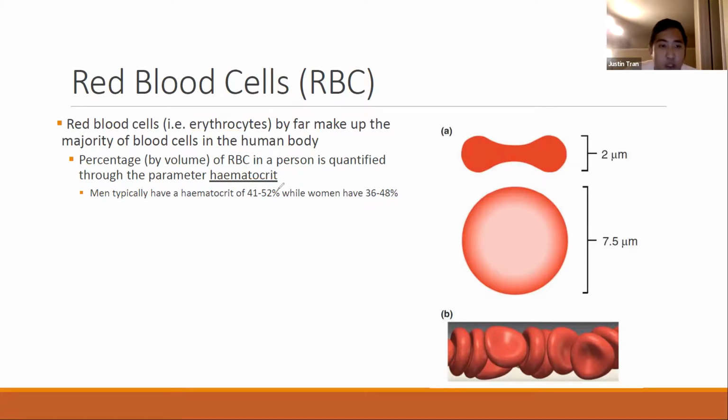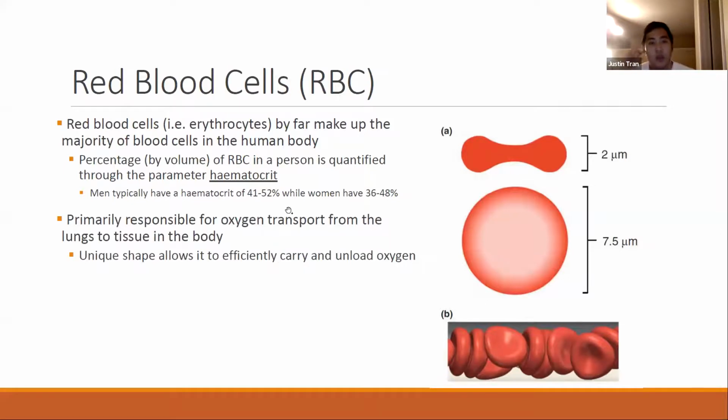What this means is that if you take a sample of blood, say a milliliter from a person's body, 41 to 52% of that blood is going to consist of red blood cells. Your red blood cells' primary function is oxygen transport. They can absorb oxygen molecules and take them to the rest of your body.